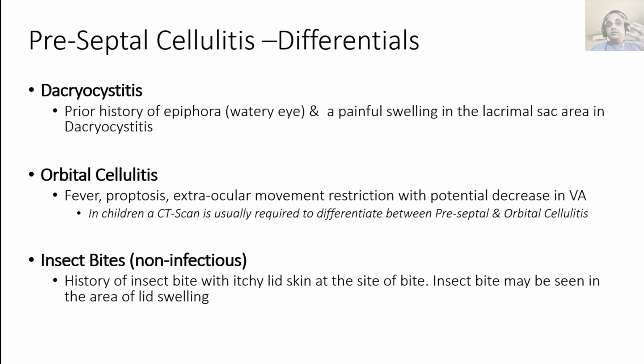Insect bite can cause a lot of edema, but not as much inflammatory signs. The lid might be edematous, but it might not have the same amount of erythema as it would if it were a pre-septal cellulitis. But when in doubt, always treat. Dacryocystitis is easy because you have a history of epiphora before and a painful swelling in the lacrimal area in dacryocystitis.